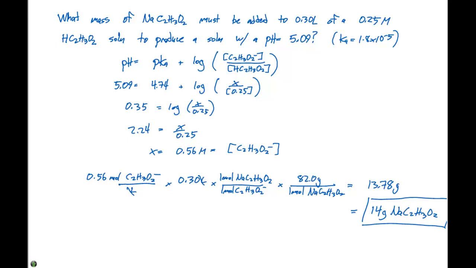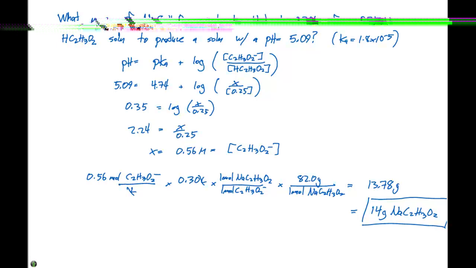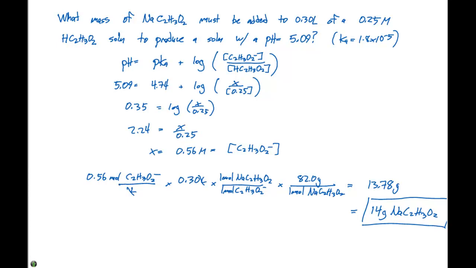So when we're looking through each of these problems, we need to determine first what the problem is asking for and what equation we're going to have to apply. Most of the time when you see buffer type problems, we're going to use the Henderson-Hasselbalch equation, which relates the pH to the pKa plus the log of the concentration of the base divided by the concentration of the acid.